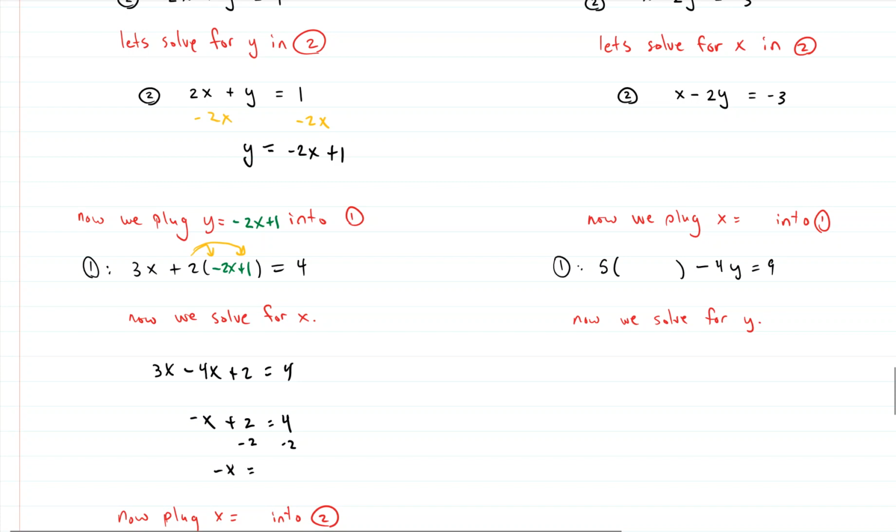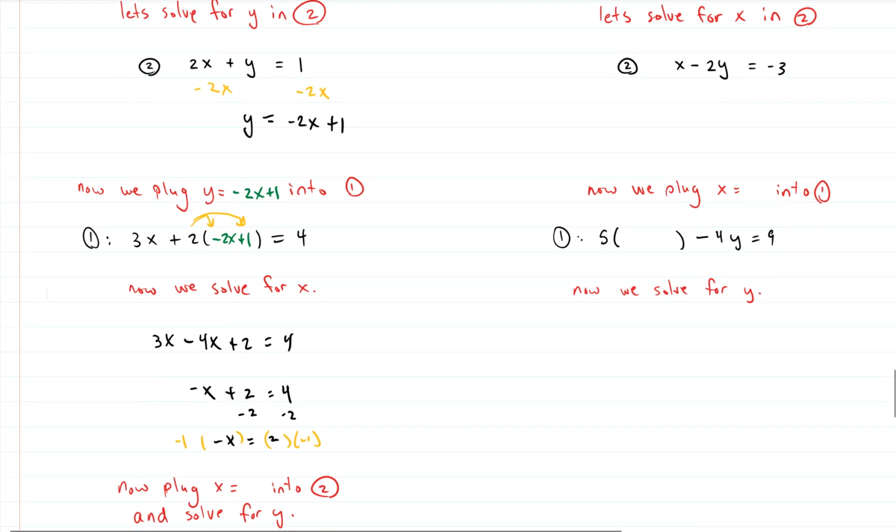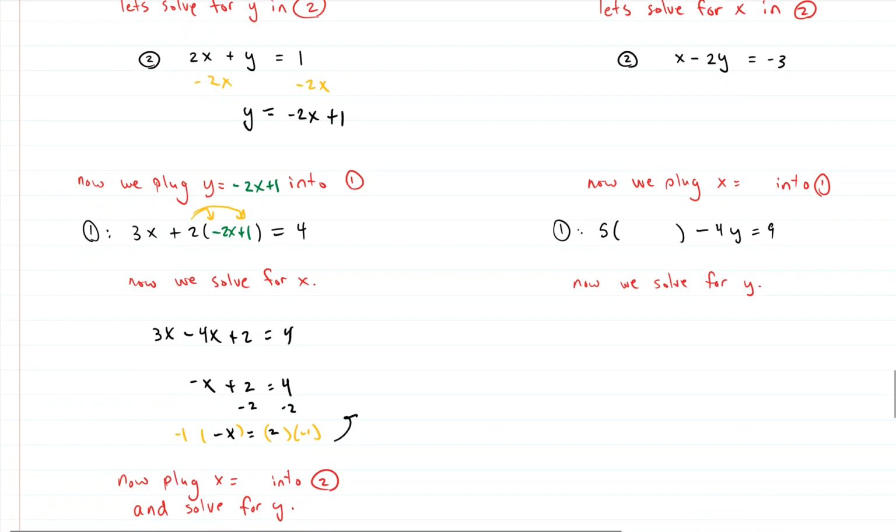Negative x equals 2. Let's multiply both sides by negative 1. And what does that give us finally? Well, that gives us x equals negative 2. So we've solved for x, right? So x equals negative 2.